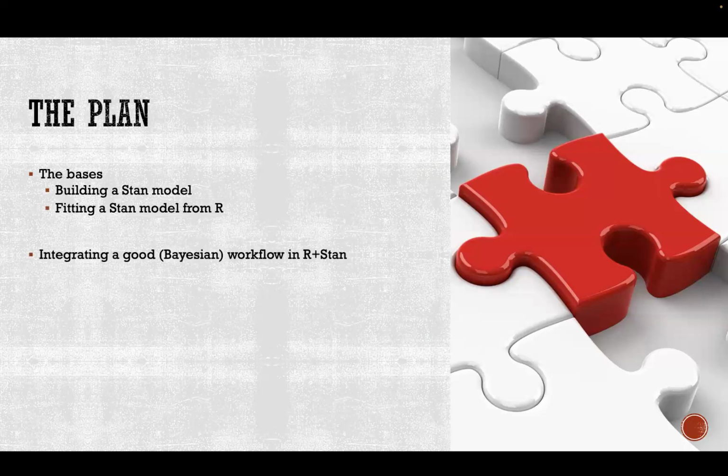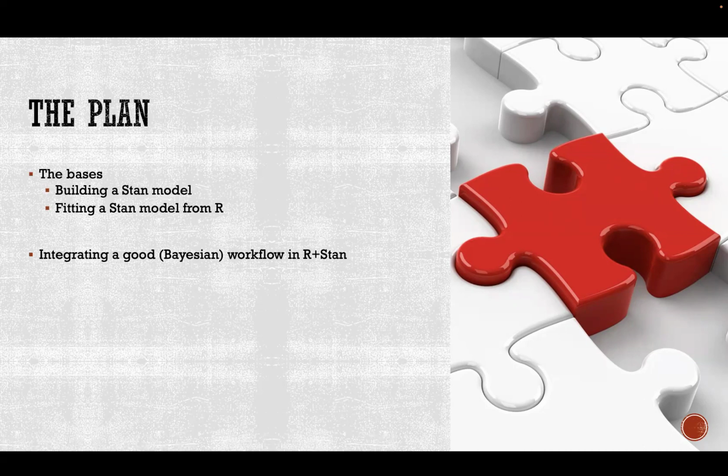And then we will start a whole block, which we should not finish today, but we'll carry on next week at the very least, on how we think through a good Bayesian workflow for our models. That is, how do we ensure that the models that we are playing with, that we are implementing in our research or work, actually make sense?